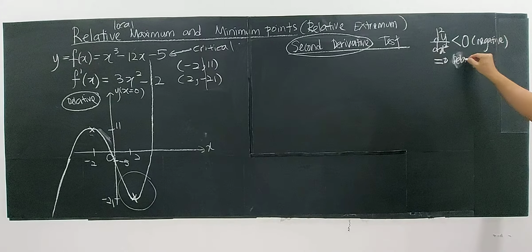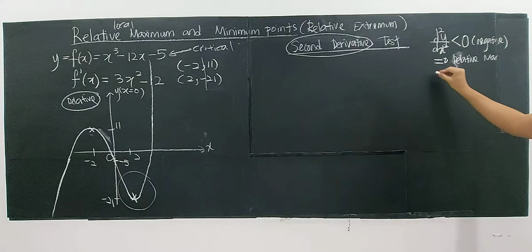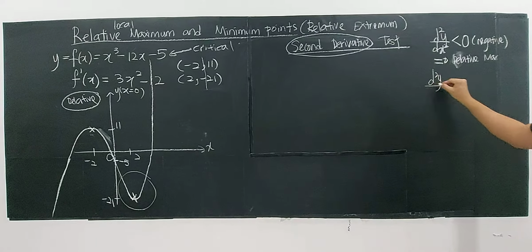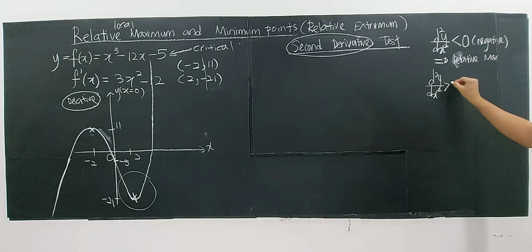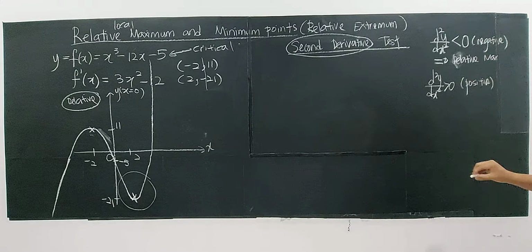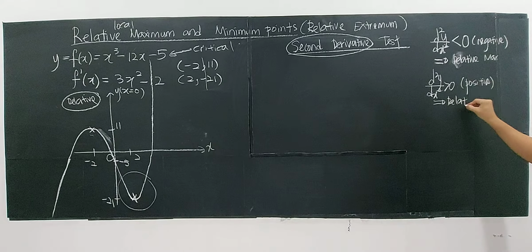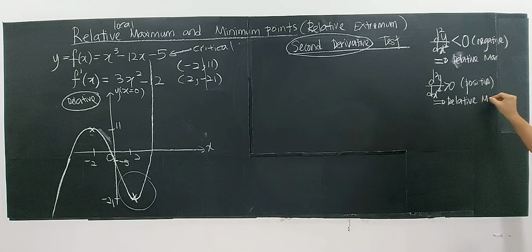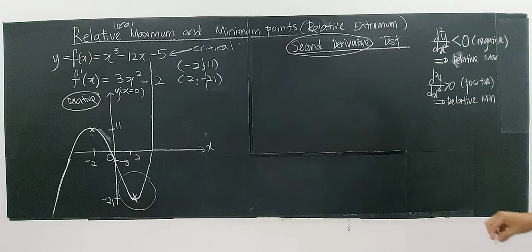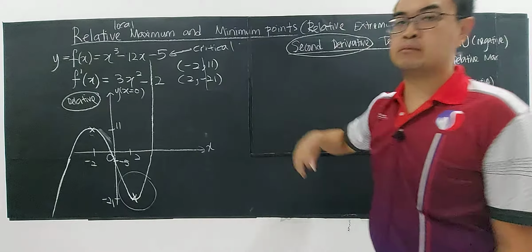If d2y/dx2 is greater than 0, positive, then that point is a relative minimum point. So this is just another test to identify whether it is a maximum or minimum, besides the first derivative test.